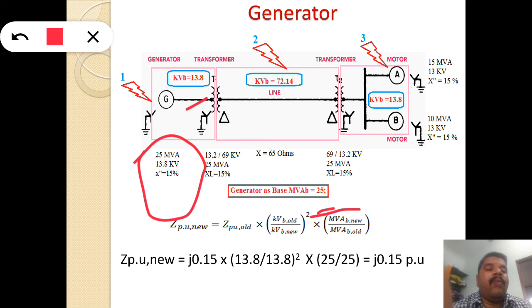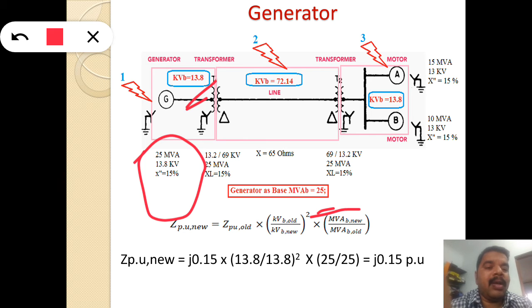From this, we have to find the new per unit value. So Z per unit new is equivalent to Z per unit old, j 0.15, into kVb old, 13.8, divided by kVb new, the whole squared. The generator is under the first section, so kVb new is 13.8, into MVAb new.